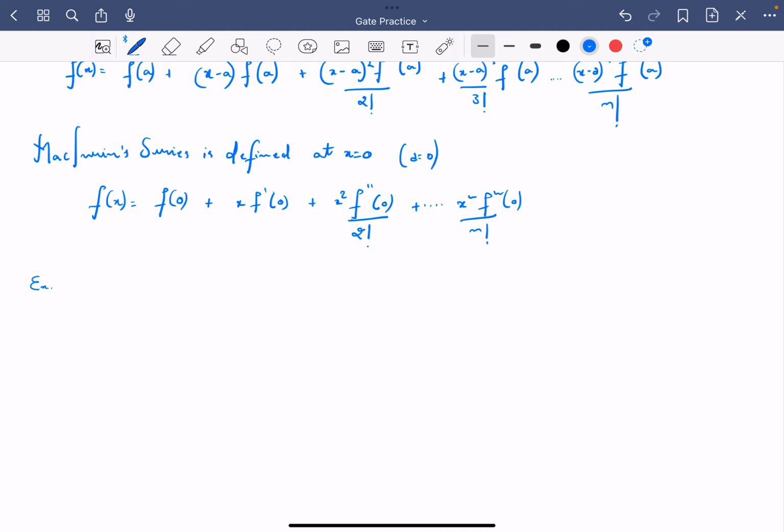We need to find the Taylor series expansion of e raised to power x at x is equal to 0. So we first write f of x is equal to e raised to x. Take the derivative, f dash x is the same, e raised to x.